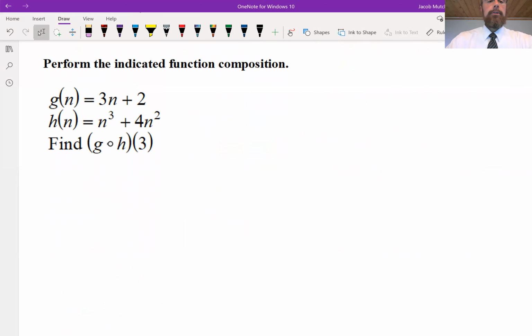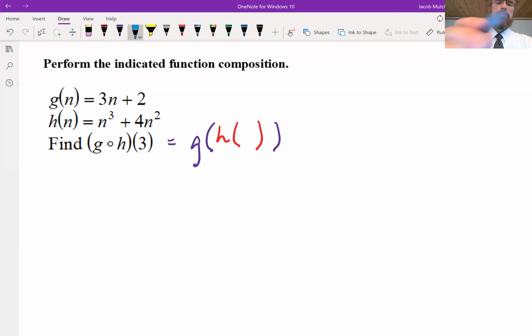In fact, it's a polynomial expression for h, n cubed plus 4n squared. So note the direction here is g of h at 3. So I'm going to start again by rewriting that with the nested version, g of h, and then instead of the n variable, I'm substituting in the numeric value 3.